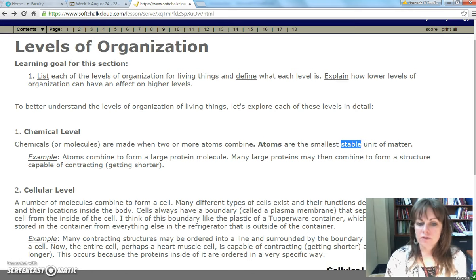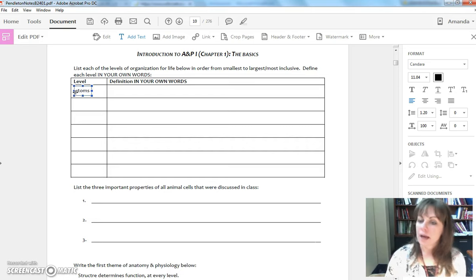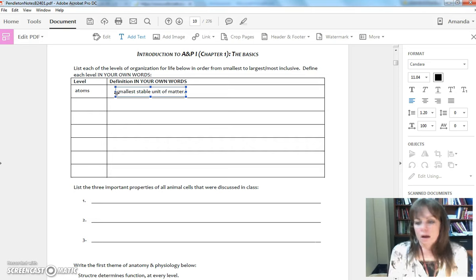Okay. So if you're following along on the notes packet, we're at this page here, and you could say, what's the level? Well, the first level is going to be atoms. And the definition would be smallest stable unit of matter. Okay, well, what does that mean? What is an atom?